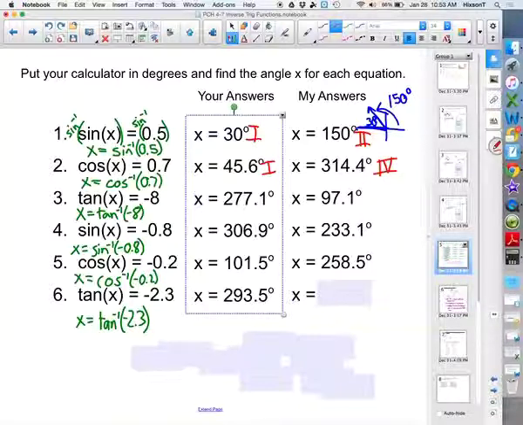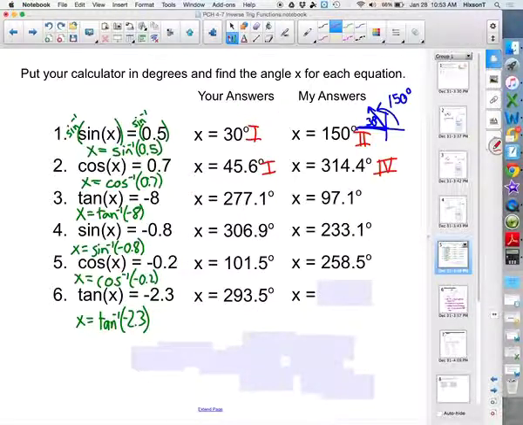Notice here the first quadrant angle, 45.6, is my reference angle. I have to have a reference angle of 45.6 in the fourth quadrant. Well, that's 360 minus 45.6 gives us 314.4. Okay?